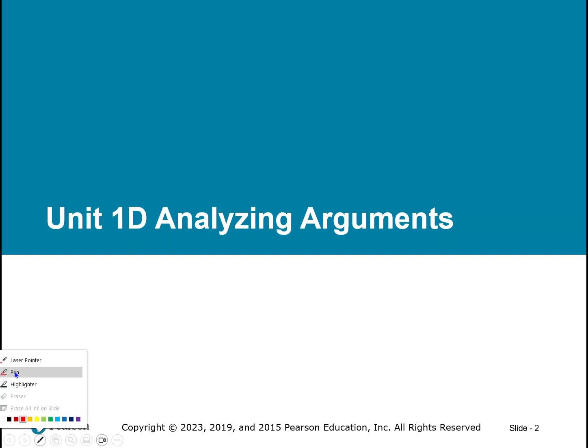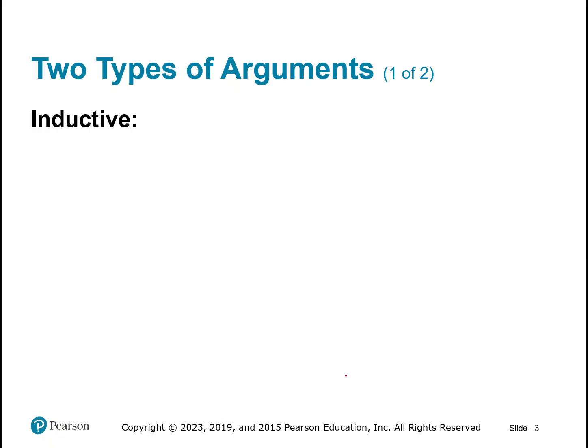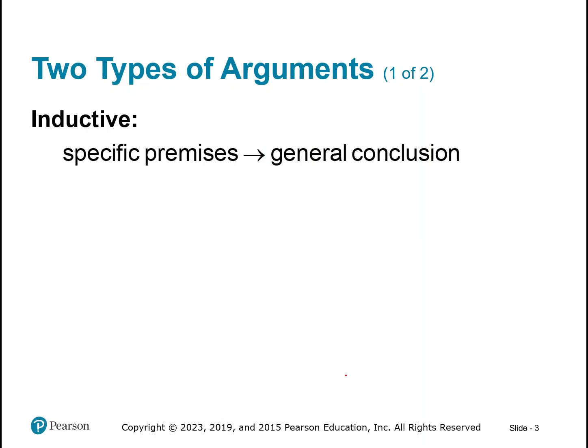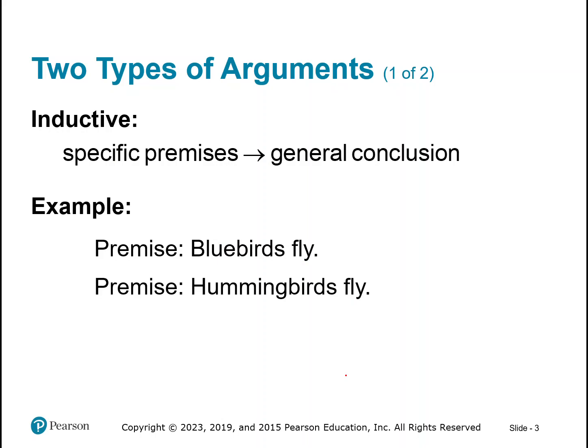Today we're going to talk about analyzing arguments. There are two types of arguments to look at. There's inductive, where you have specific premises that lead to a general conclusion. For example, bluebirds can fly is a premise. Hummingbirds can fly is a premise.